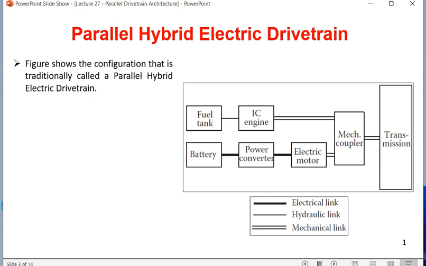In parallel hybrid electric drivetrain, that biggest constraint of series hybrid electric drivetrain, which is the generator, is removed. So we are not coupling the electrical energy. Instead, in case of parallel hybrid electric drivetrain, we are coupling mechanical energy directly. But the problem comes in case of the secondary source. The secondary source is a battery which is generally designed in such a way that it should be able to supply the bumper power, or the high specific power output.